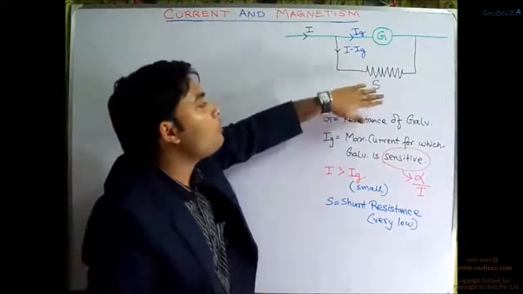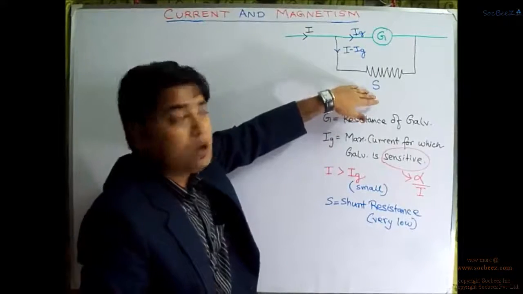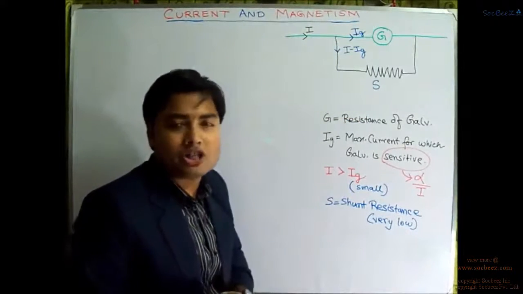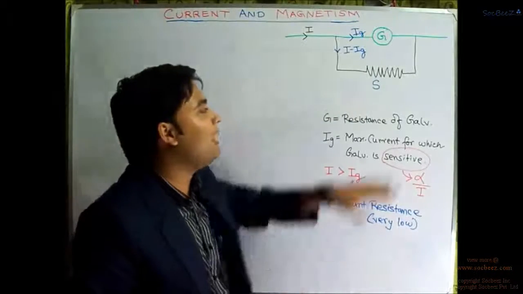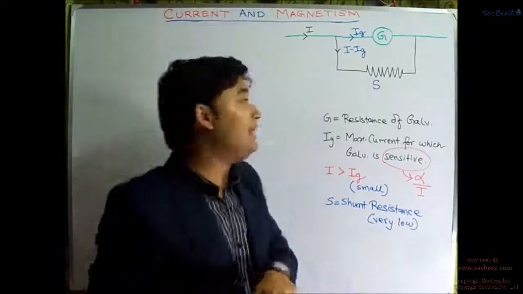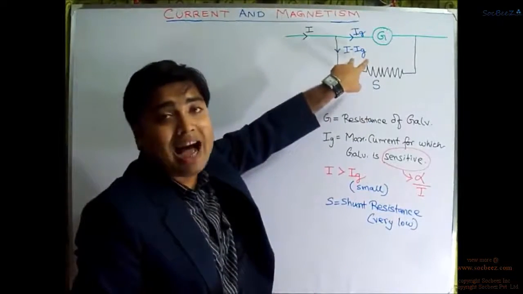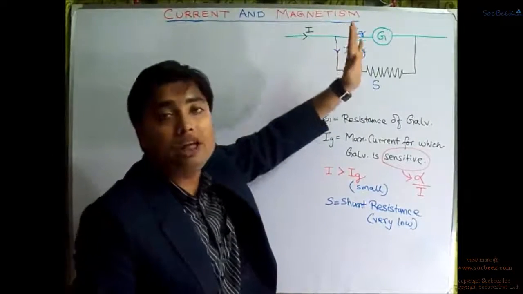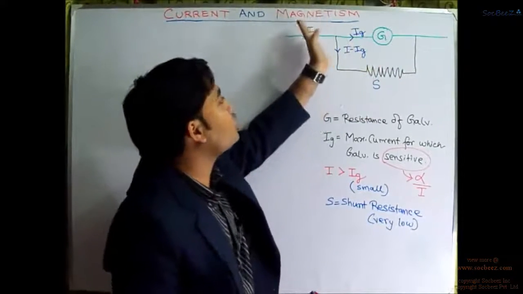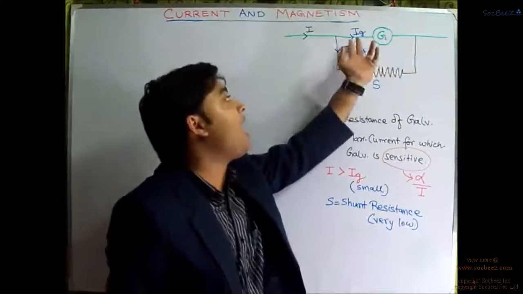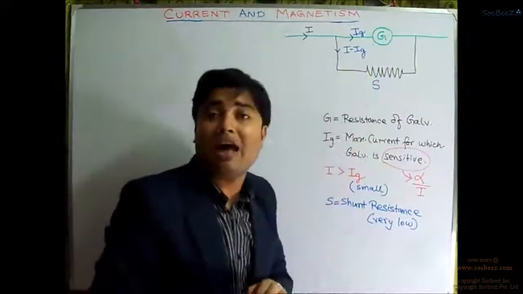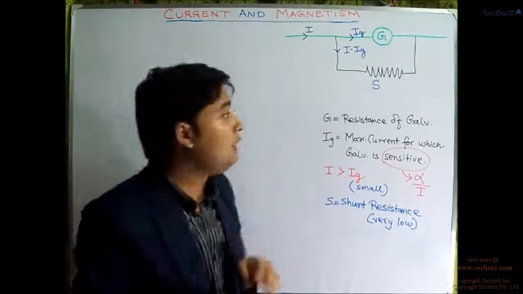Now, what should be the value of S for a given I? We need to find out. Because, say, if we attach any arbitrary amount of S, it may be that the full I minus Ig may not flow through it, or else we may see that the major portion of I flows through it and Ig will be smaller than the maximum value it could take, right?